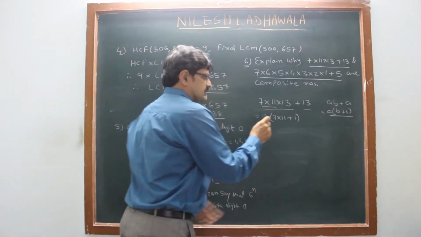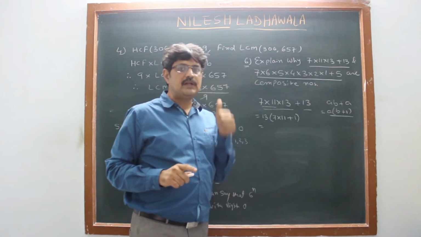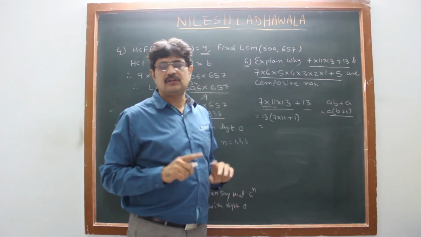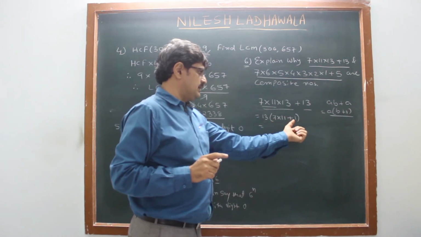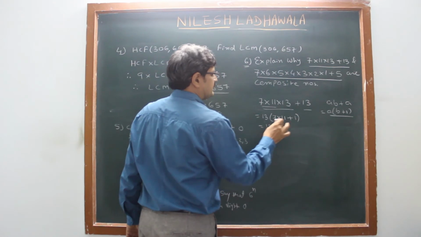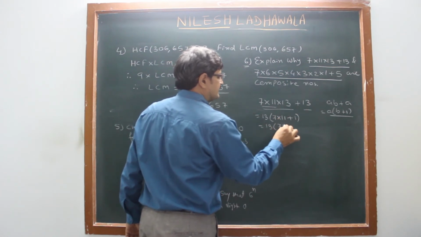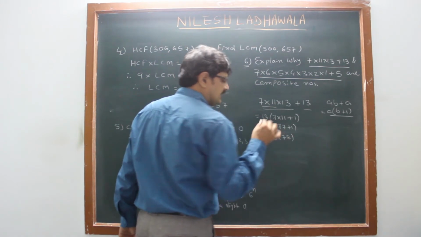As I have told you, 1 is the factor of all the numbers. So it is 13 bracket 7 into 11 plus 1. That can be written as 13 into 11, 7s are 77, and 77 plus 1, that will be 78.